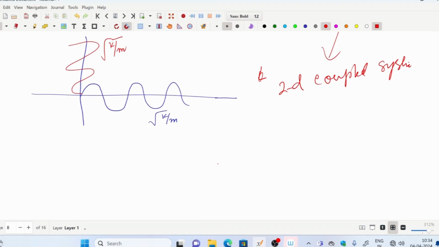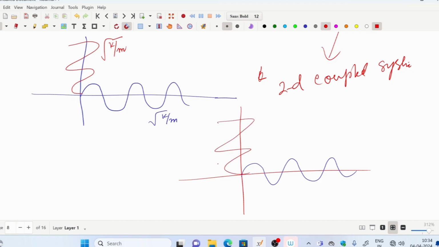So this is called coupled oscillation. If we draw again, the oscillation in the x direction and the oscillation in the y direction are coupled to each other through that coupling term.